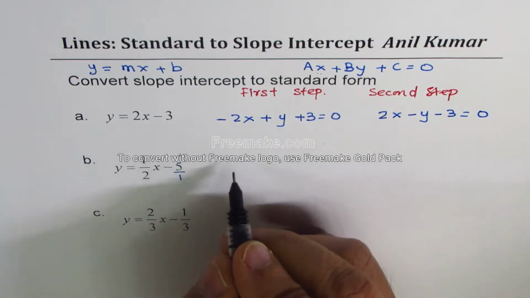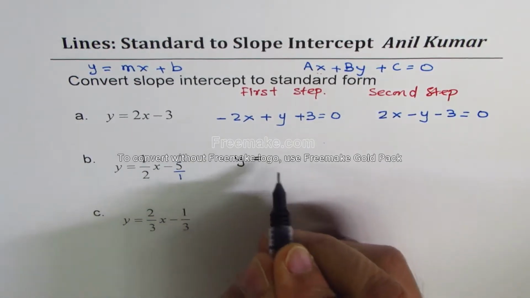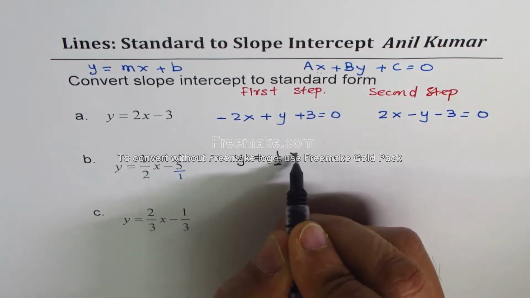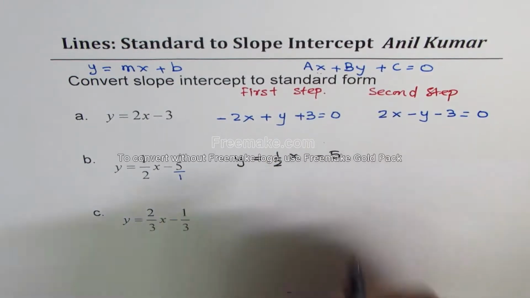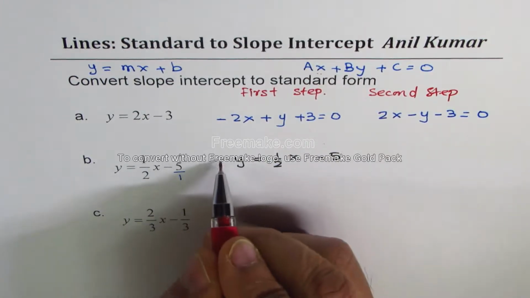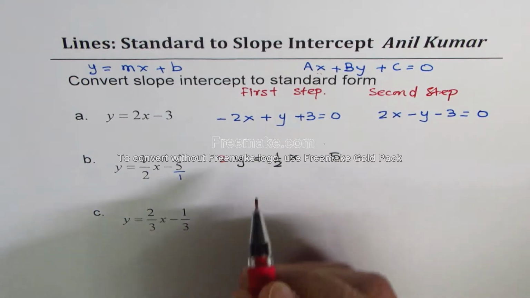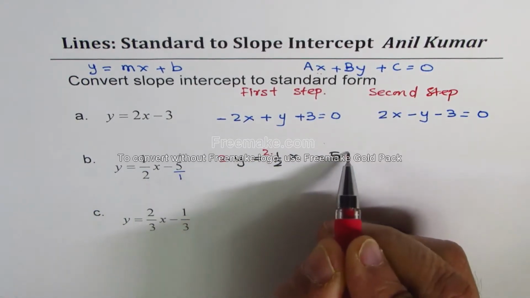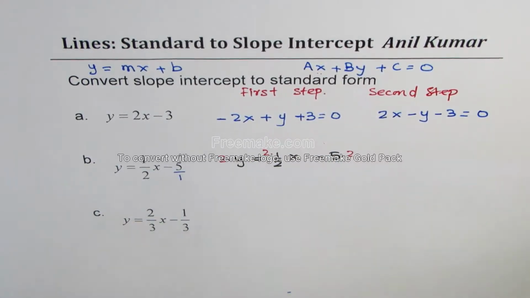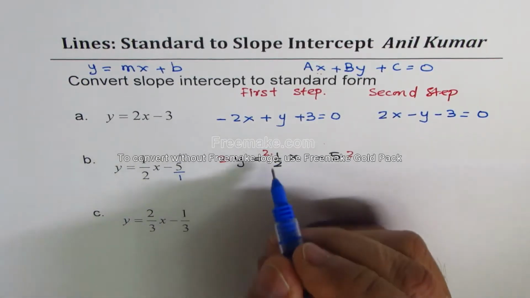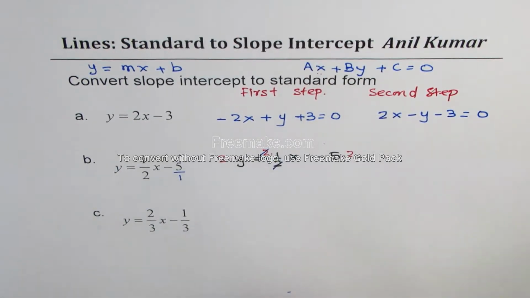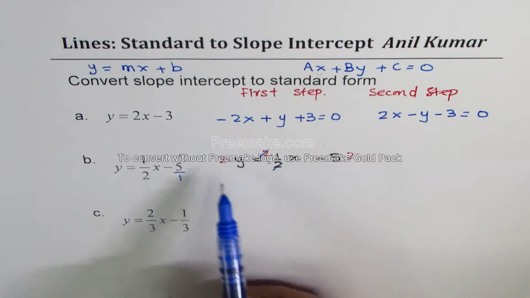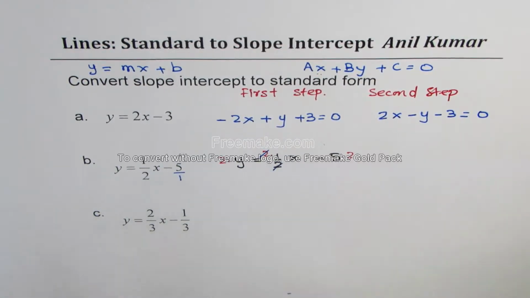The equation is y equals half x minus 5. So we multiply everything by 2. In that case, we avoid fractions. 2 cancels with 2.